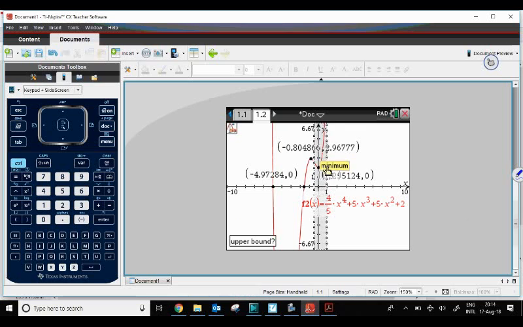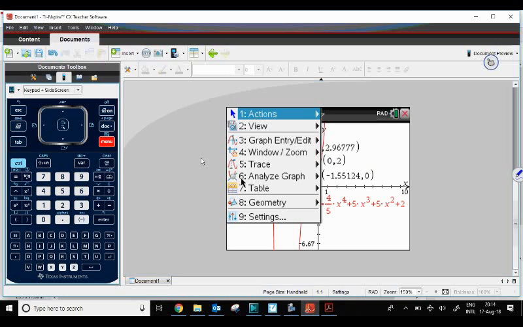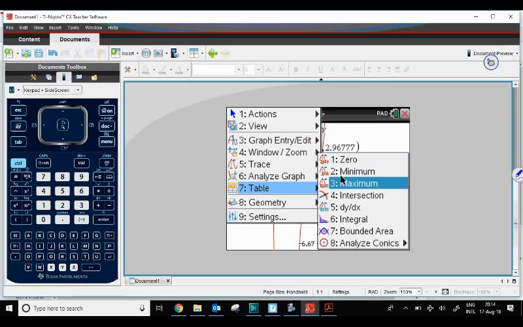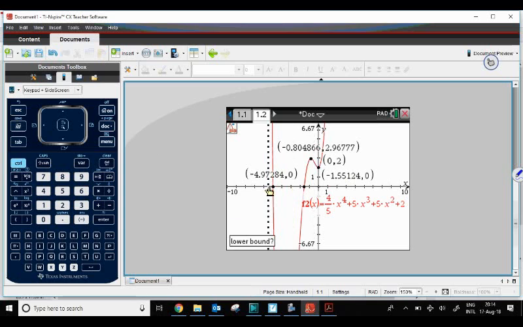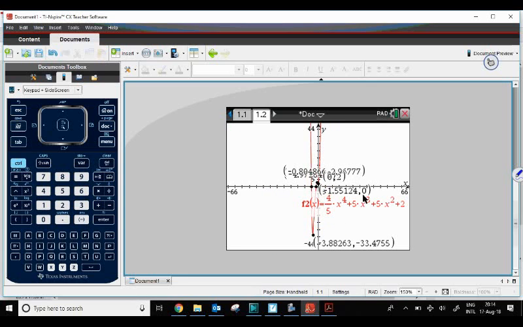This one looks easy. Oh, that ended up just being the y-intercept, so 0, 2. And the other one, let's see if we can grab it without having to change my window. I'll make my lower bound here. Excellent. As long as I press enter, it gives me one, and it's going to be negative 3.88 and negative 33.5.